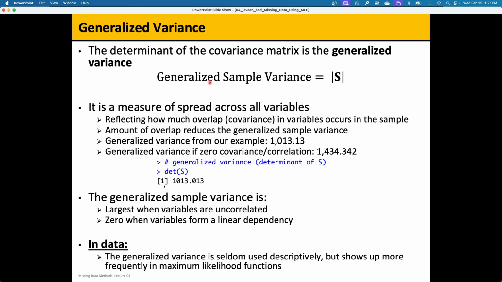The angle gets smaller, they're highly correlated. The angle gets wider, they're not correlated. And what this calculates is the area of the cube in that weird space. So the generalized sample variance is like having the variance of multiple variables altogether, but factoring in how related they happen to be.